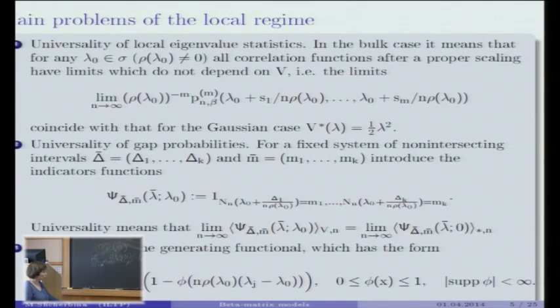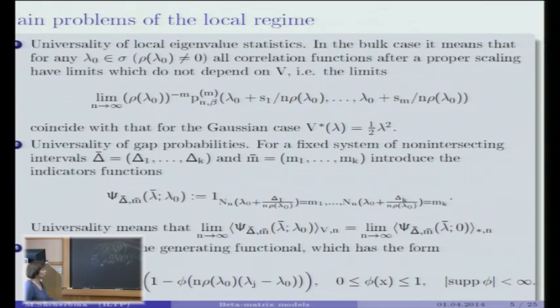But if you consider the generating functional in this form, where you take any function phi, which is stepwise continuous and bounded from 0 to 1, and consider such a product, then the statement about universality means that the expectation of this functional, in the limit when n tends to infinity, becomes universal. And I will consider all three points when I speak about universality.